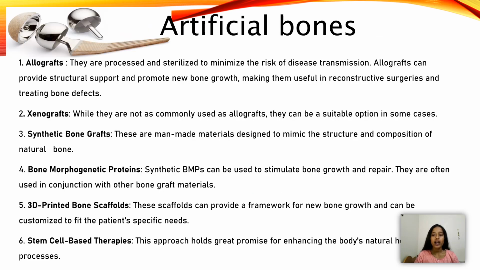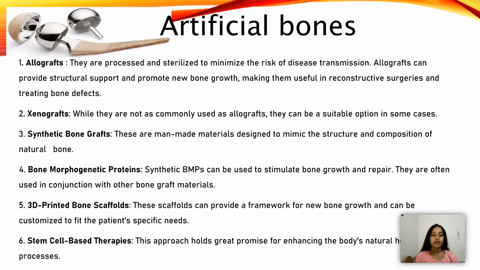Artificial bones are nothing but ways of creating bones in a natural way or an artificial way using technologies. The types of artificial bones are allograft, xenograft, synthetic bone graft, bone morphogenetic proteins, 3D printed bone scaffold, and stem cell based therapy.